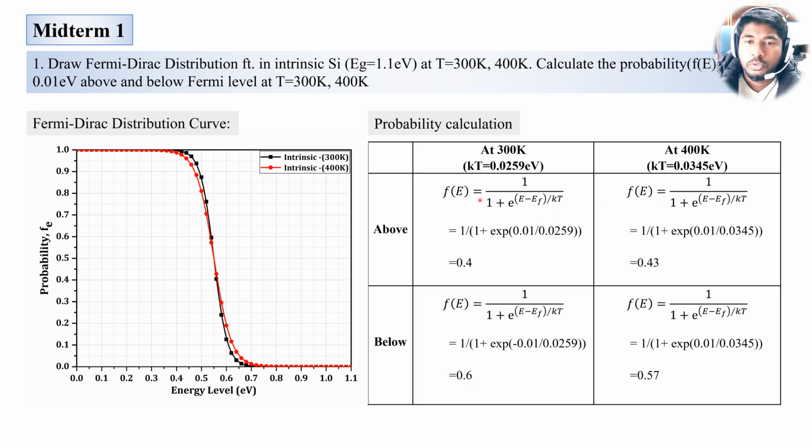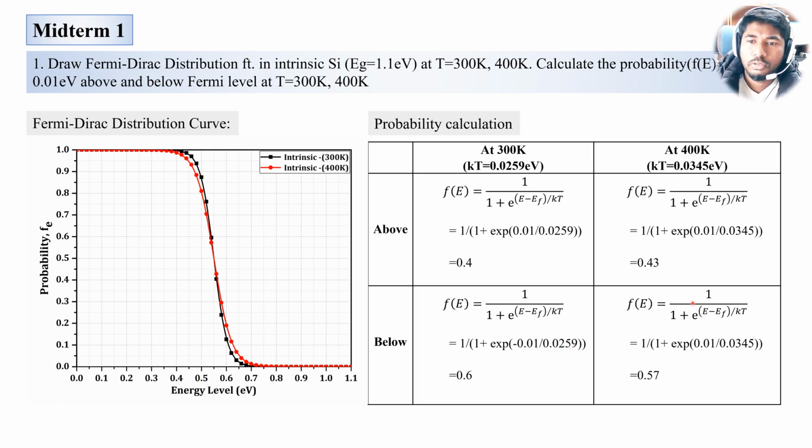And we know the Fermi-Dirac probability F equals 1 divided by 1 plus e to the power (E minus Ef) over kT. Here, for above the Fermi level, E minus Ef equals plus 0.01 electron volt, but for below, E minus Ef equals minus 0.01 electron volt.